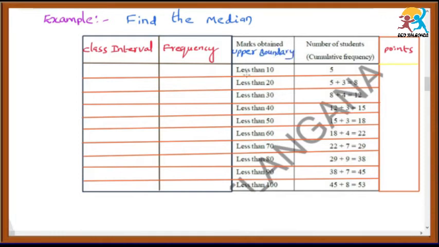The number of students who got below 10, that means less than 10, is 5 students, and below 20, these 5 students will be included, so we got 8. So now this number of students, in the bracket itself you have been given the cumulative frequency. So this will be less than cumulative frequency. Here only cumulative is written, but actually this is less than cumulative frequency.